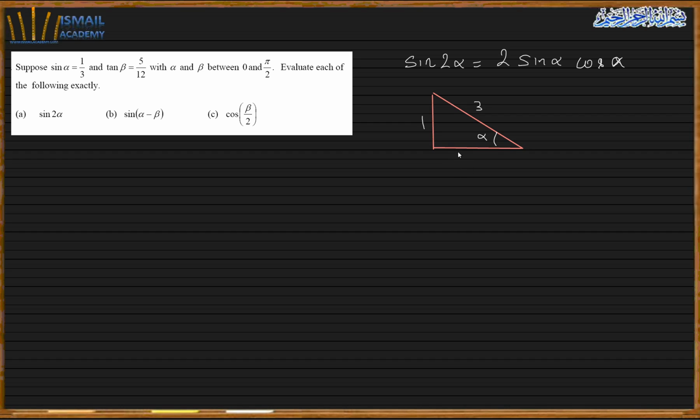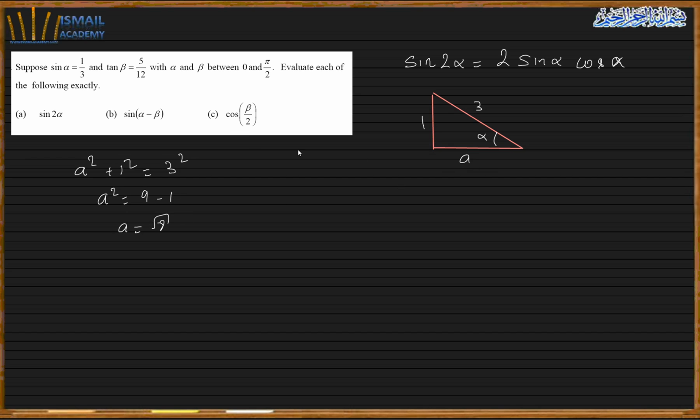So if I want to find the adjacent, which is my a here, I have a squared plus 1 squared equals 3 squared. So a squared equals 9 minus 1, which is 8, so a would be square root of 8.